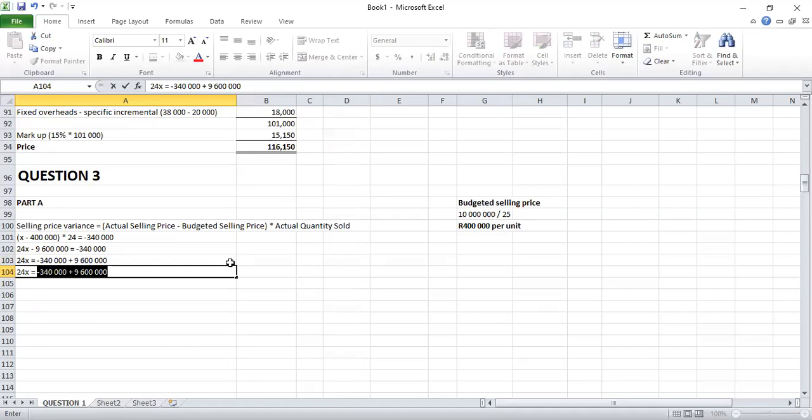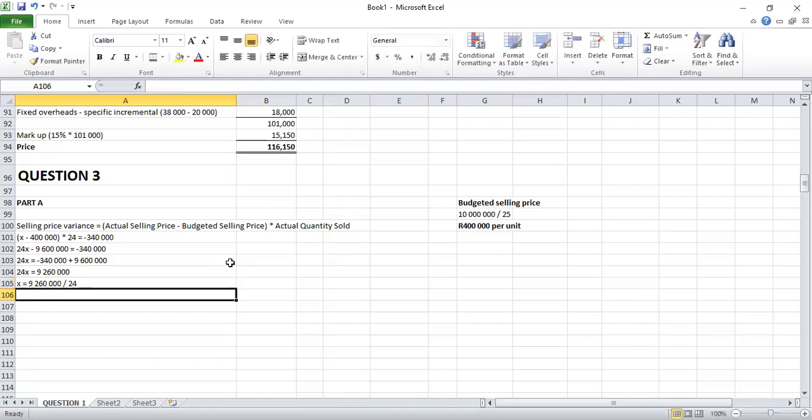So 9,260,000. That means our x will be equal to 9,260,000 divided by 24. It's 385,833.